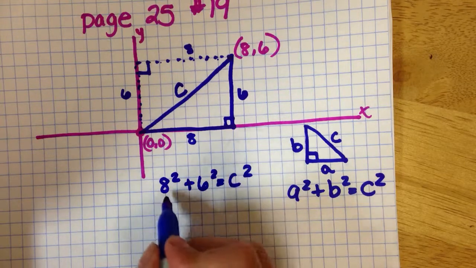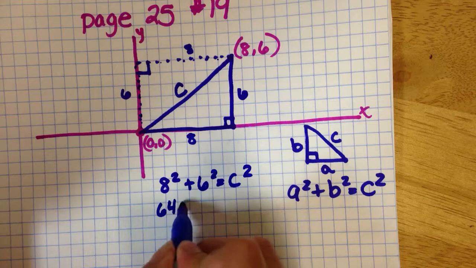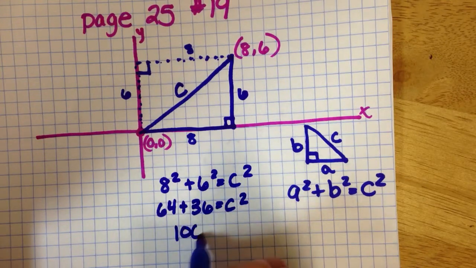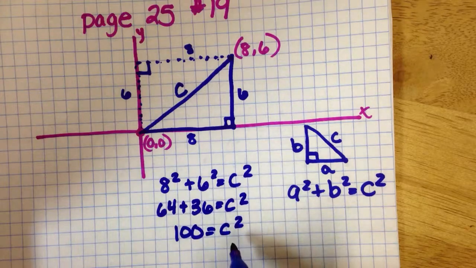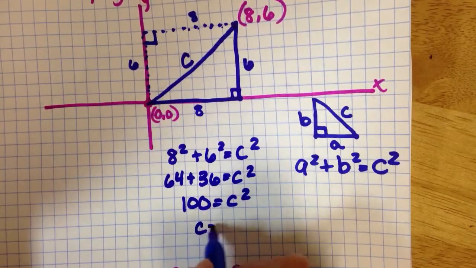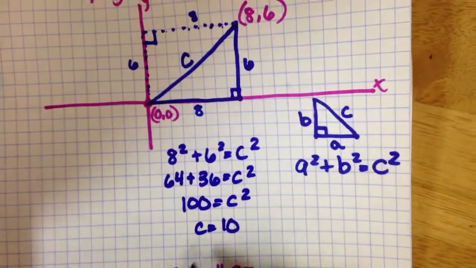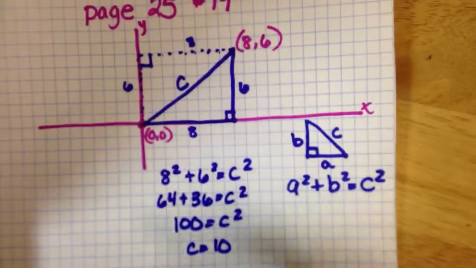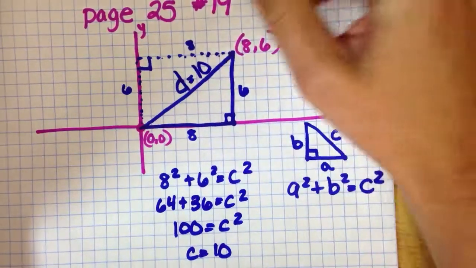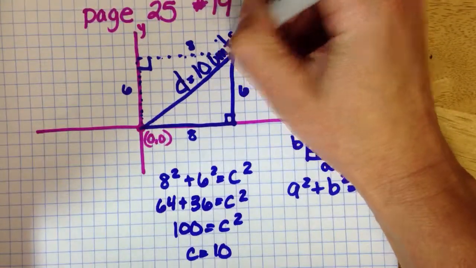Order of operations, exponents first: 64 plus 36, and that gives us 100. To get rid of a square, you take the square root. So the hypotenuse of that right triangle is 10, which means the distance of that line is 10 units.